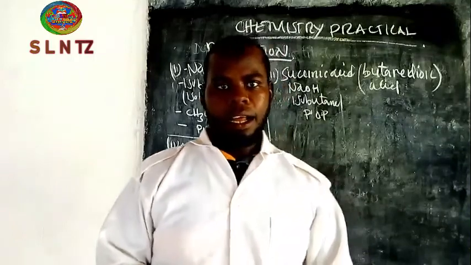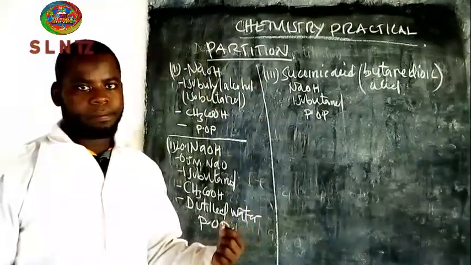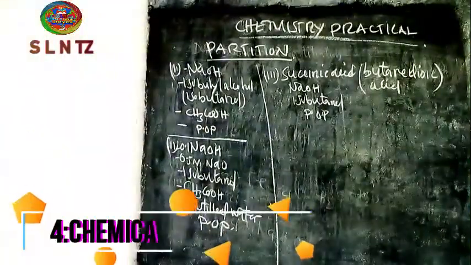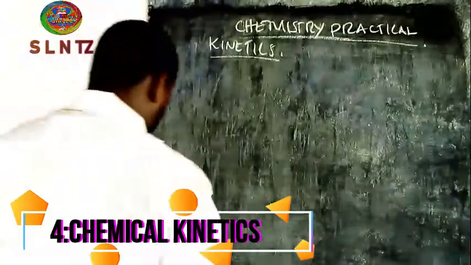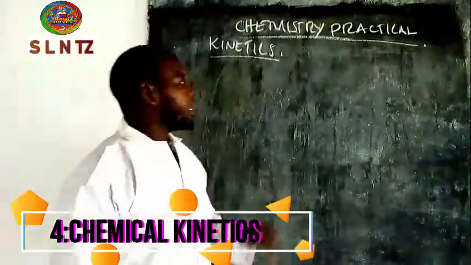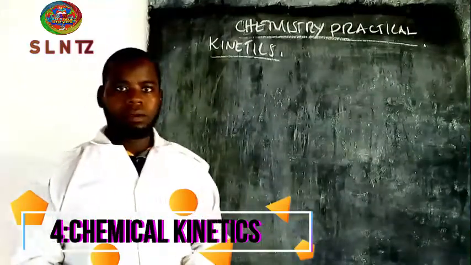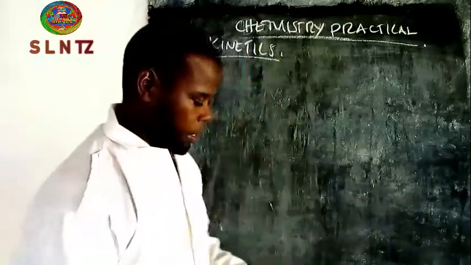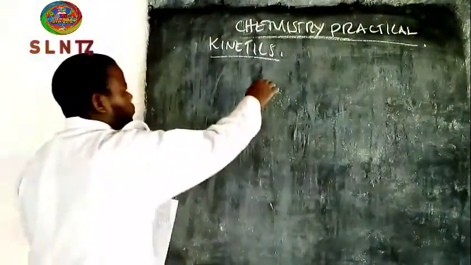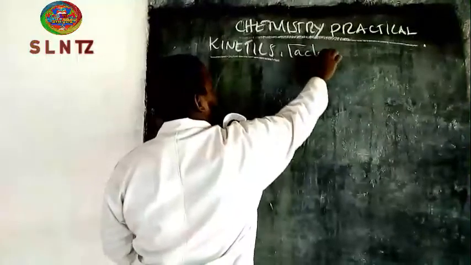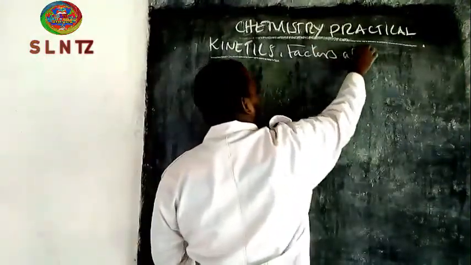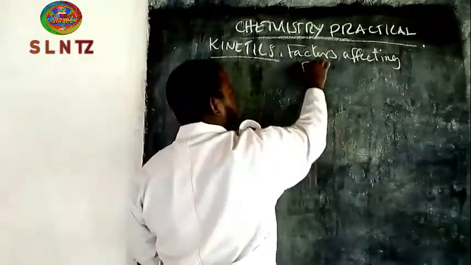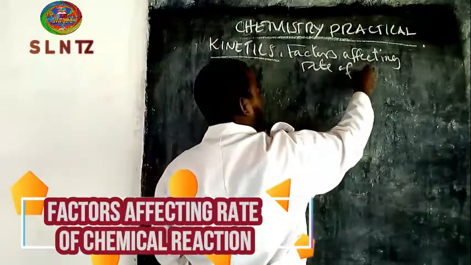Still here to proceed to another part. So now we proceed with our kinetics, where you are going to concentrate as a student during your preparations. Here we are going to deal with factors affecting the rate of reaction.